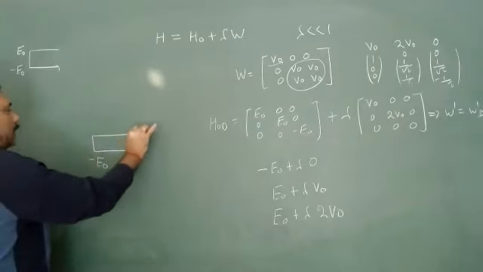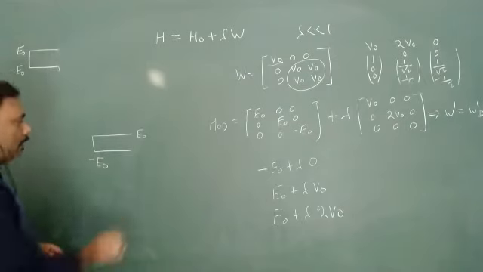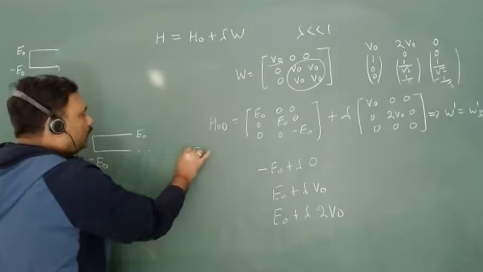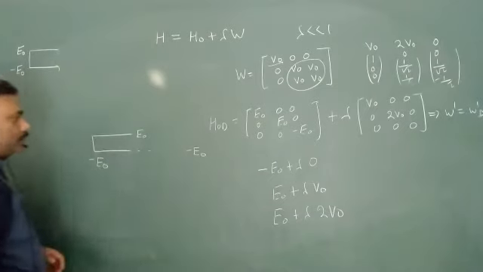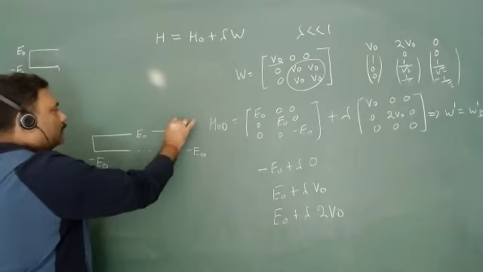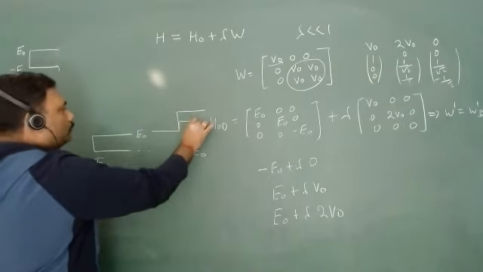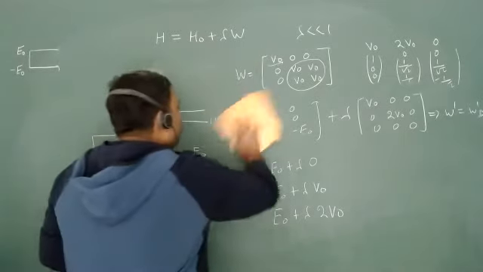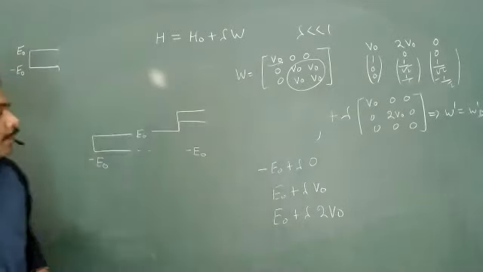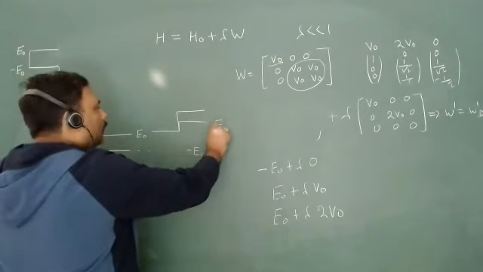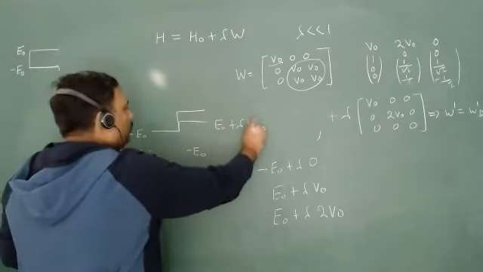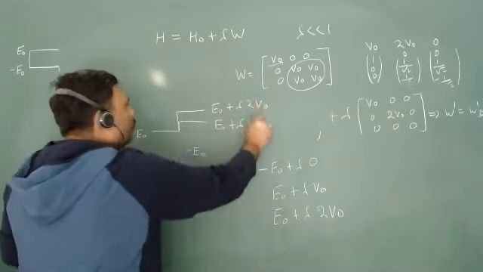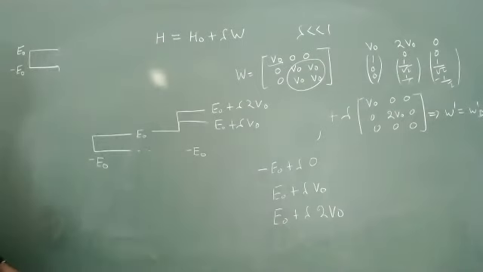When I apply this perturbation, this minus E0, being non-degenerate, will remain the same. And what will happen to this one? This will break into two parts. It will just shift the levels. And what are these two parts? These two parts are basically E0 plus lambda V0 and E0 plus lambda 2V0. I can assume this V0 is a positive value.